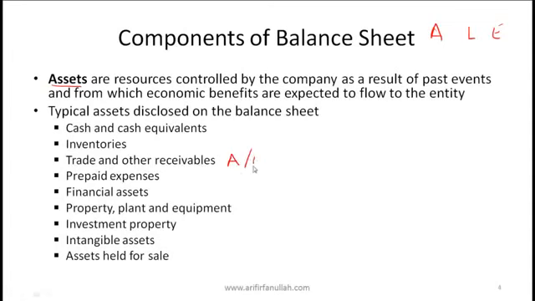Sometimes you see this referred to as accounts receivable, prepaid expenses, financial assets, property, plant and equipment, investment property, intangible assets, assets held for sale, and we will be talking about these in a lot more detail during this course.